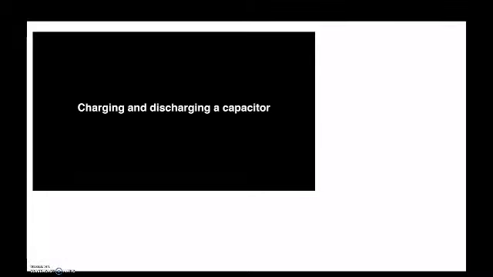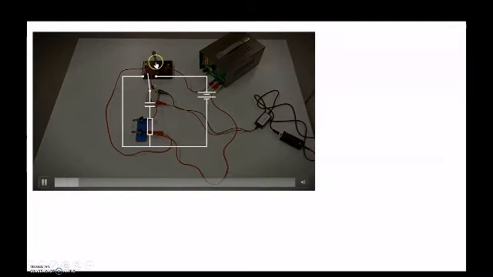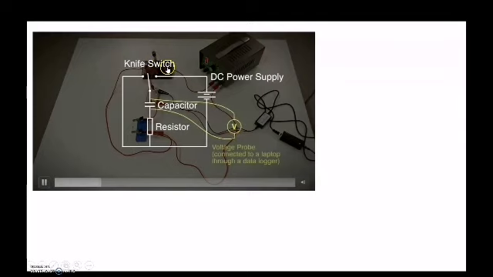Here is an experiment about charging and discharging a capacitor. This is the power supply or the DC voltage source. This is a switch, a single pole double throw switch. When this switch is set in this port, charging will take place, and when we put it in this port, discharging will take place.